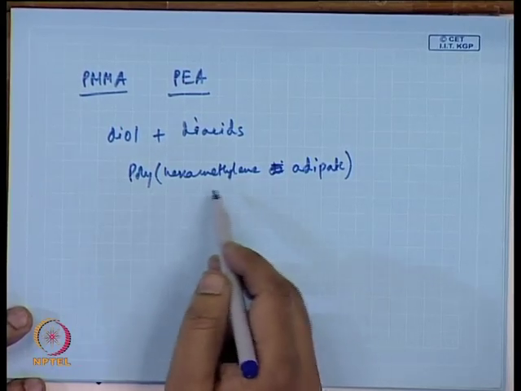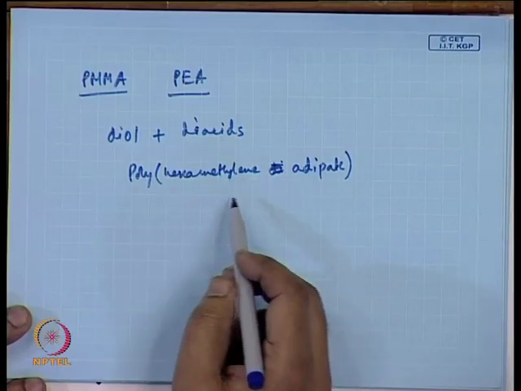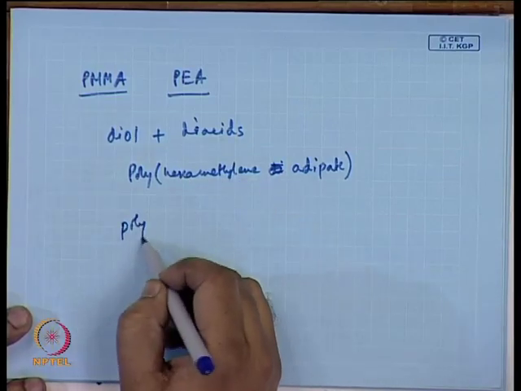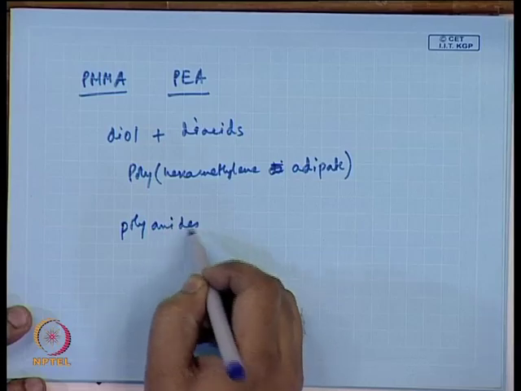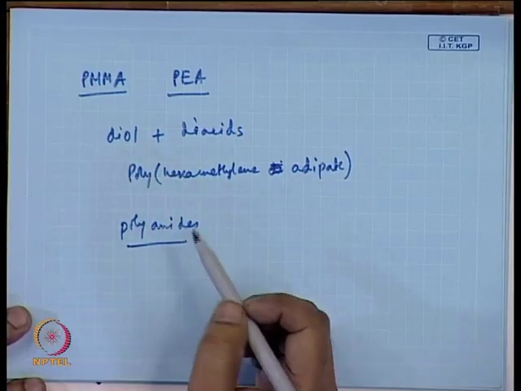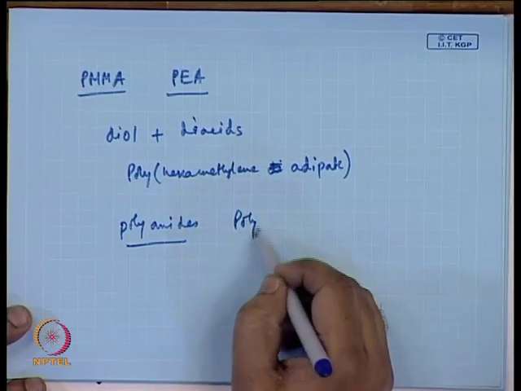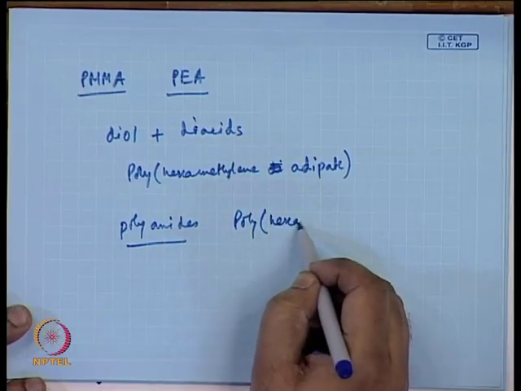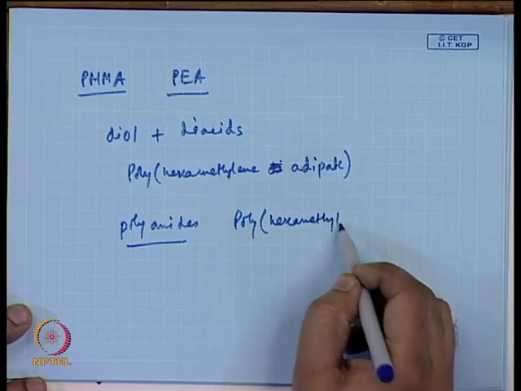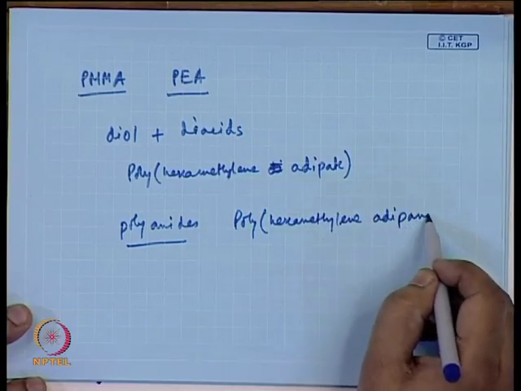We also can form similar condensation polymers like polyamides. Now, if instead of diol, you use hexane diamine and adipic acid, we will get polyhexamethylene adipamide.